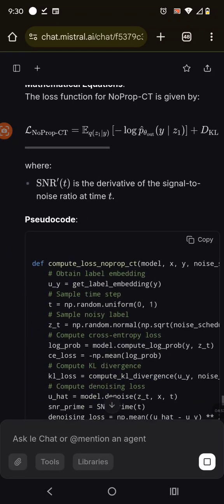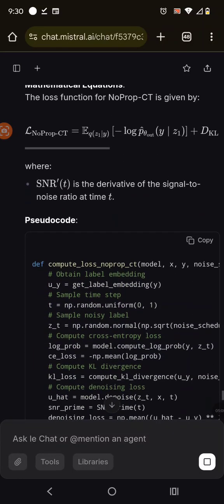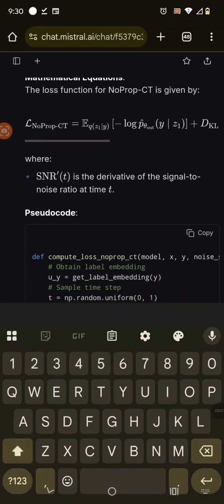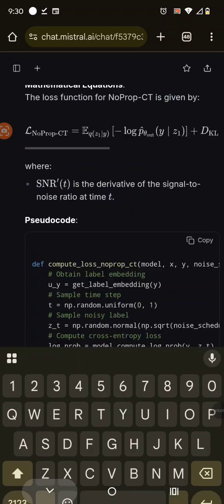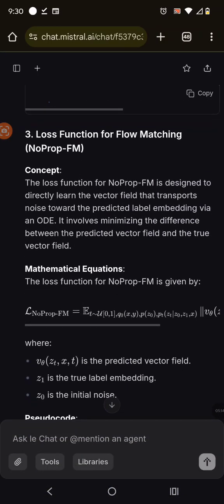And for continuous-time NOPROP, we have SNR, signal-to-noise ratio, its derivative at time t, and the loss function for flow matching, NOPROP flow matching.